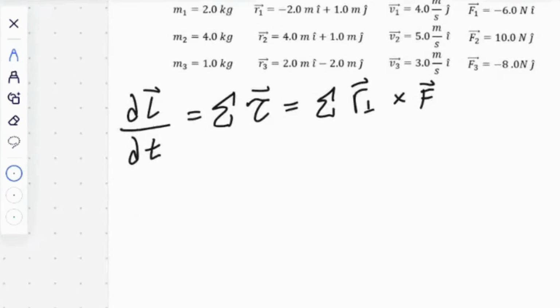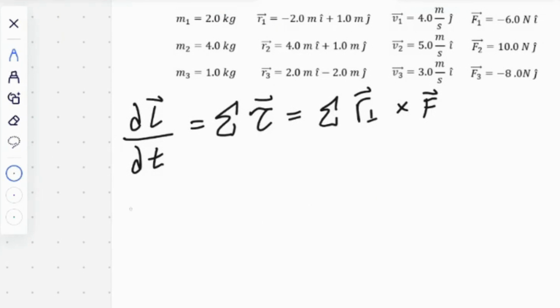So before we start calculating things, let's just figure out these perpendicular distances. If we look at force 1, that one's going in the negative i hat direction. So the perpendicular distance for object 1 that we're interested in is just going to be 1 meter in the j hat. For force number 2, that one has a force going in the y direction. So the perpendicular distance that we're interested in for that one is just going to be the x direction.